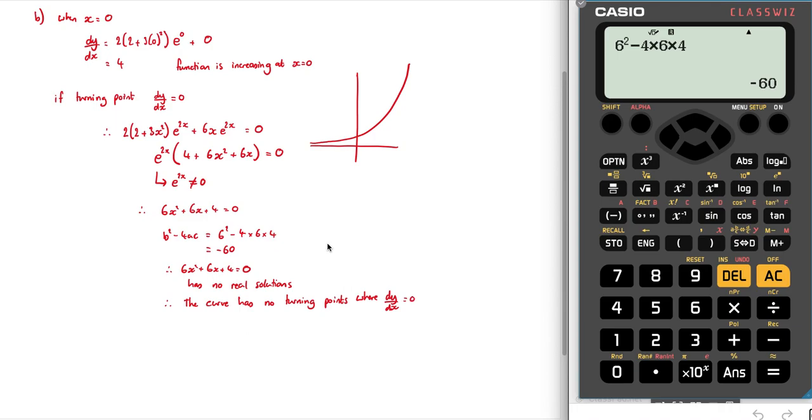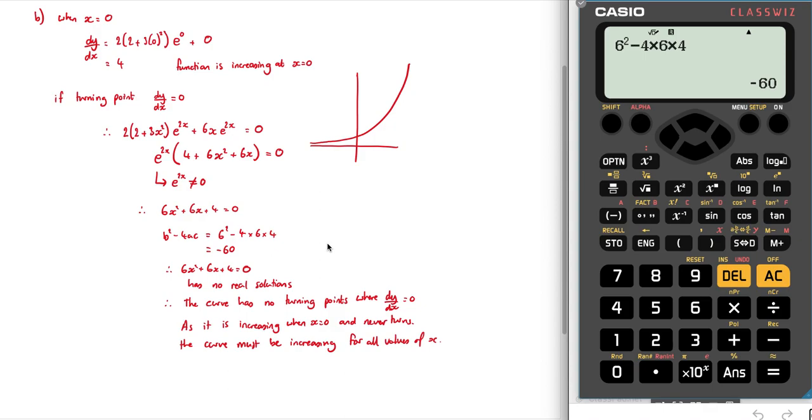So as it is increasing when x is 0 and never turns, the curve must be increasing for all values of x.